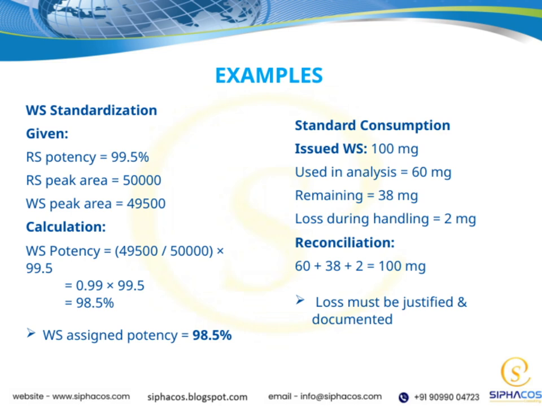So the calculation is WS potency equals 49,500 divided by 50,000 times 99.5%. This simplifies to approximately 0.99 times 99.5%, which results in a WS assigned potency of about 98.5%. This process helps us assign an accurate potency to the working solution, ensuring consistency and reliability in our analyses.